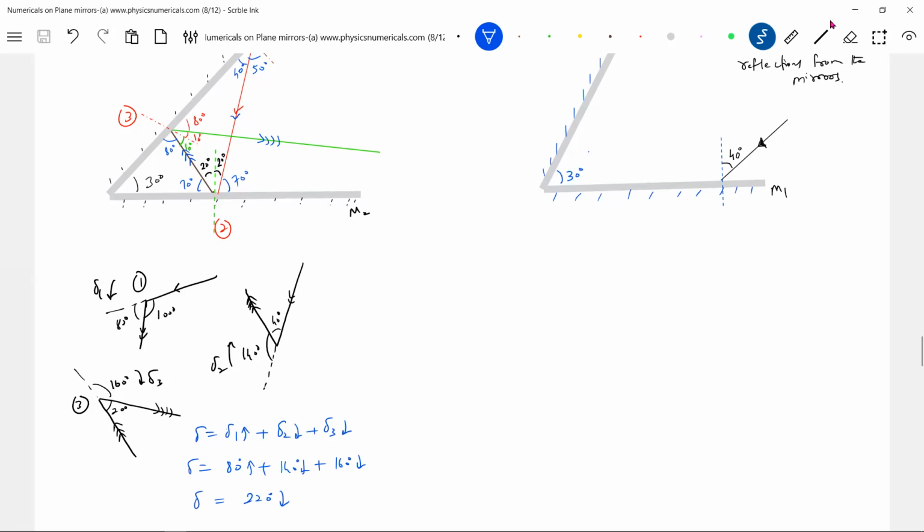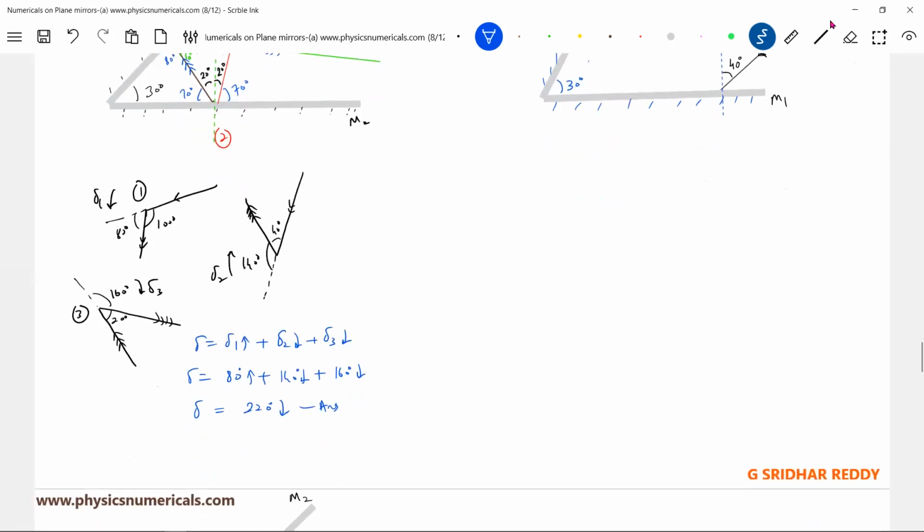Able to make it out? So this will be our answer. 220 degrees clockwise. This is the net deviation.